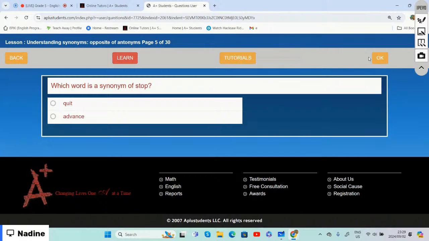All right. And if we were to say which word is the same as stop, then we would say the option is to quit. So option one is correct. It is quit.